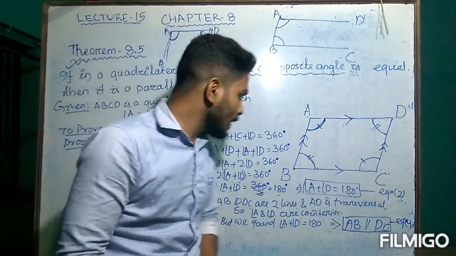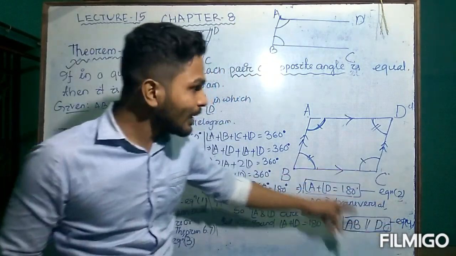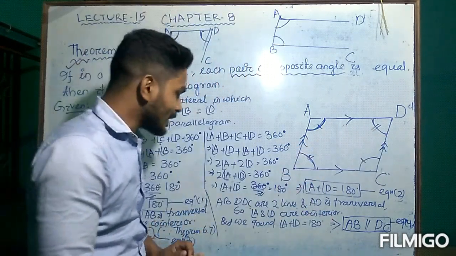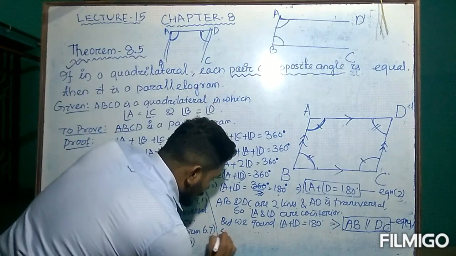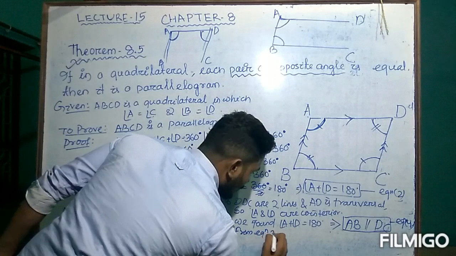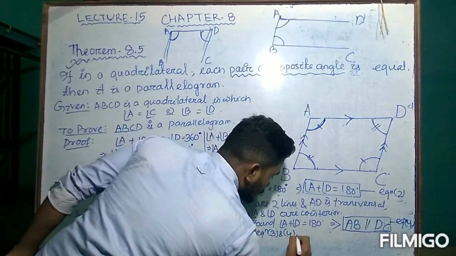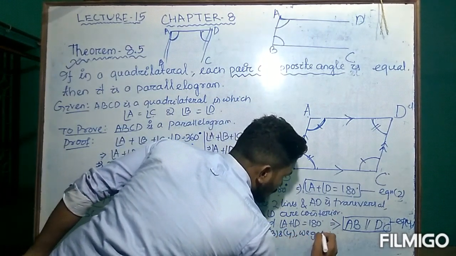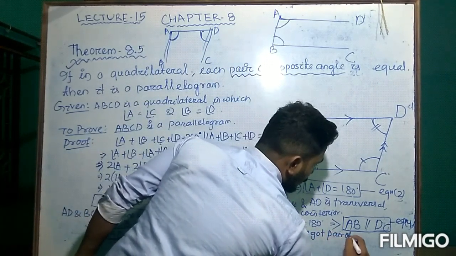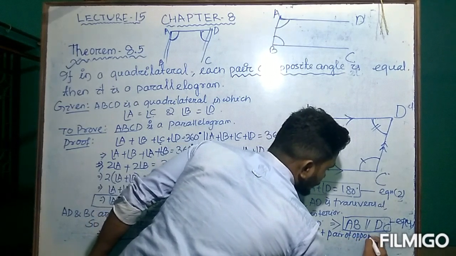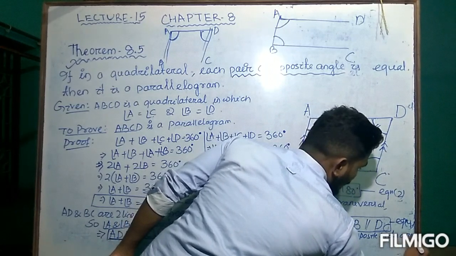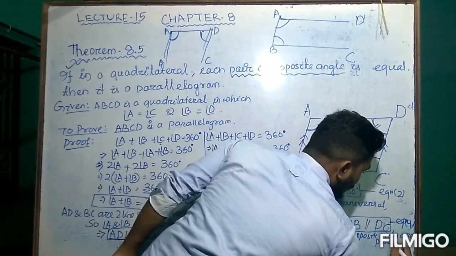So finally what did we get? From equation 3 and equation 4 we got that the pair of opposite sides are parallel. Understood?